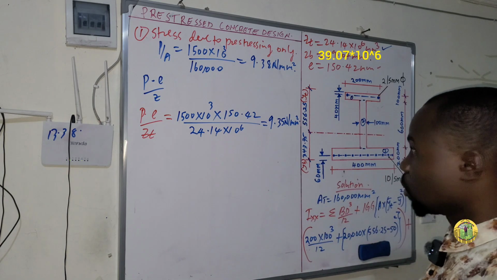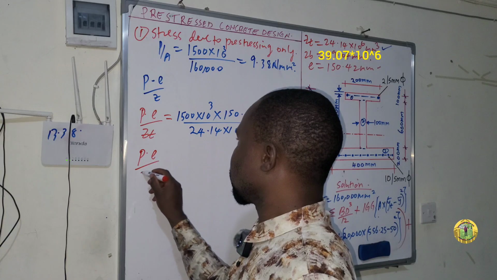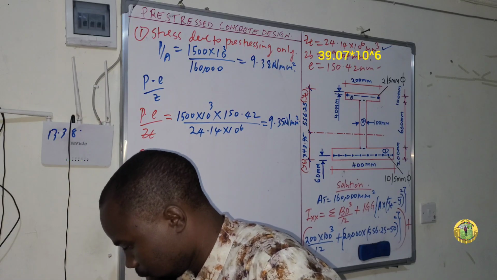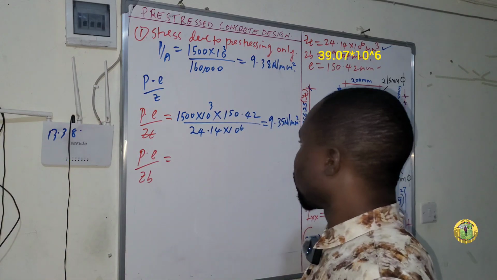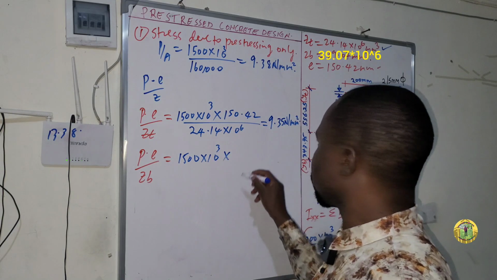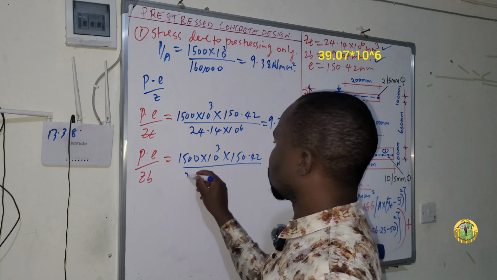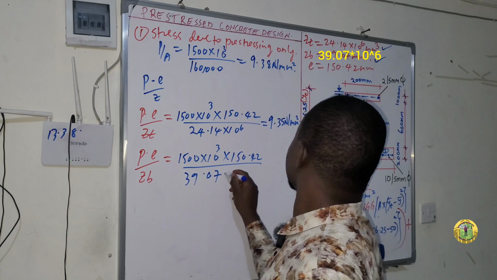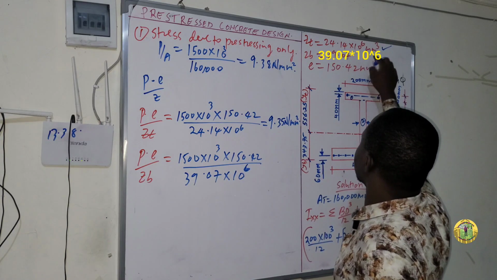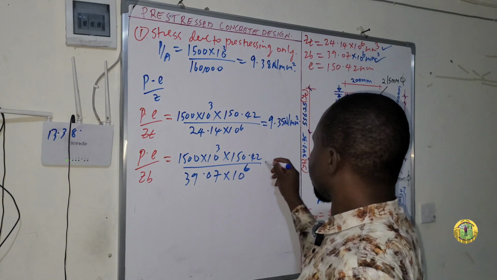We proceed to PE over Z bottom. So this one will be 1500 times 10 to power of 3 times eccentricity, which is 150.42, all over Z bottom 39.07 times 10 to power of 6 millimeter cubic.